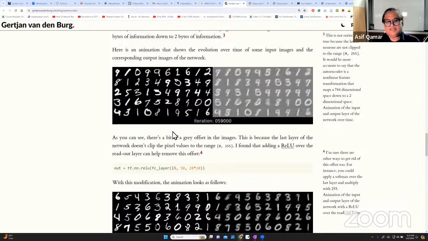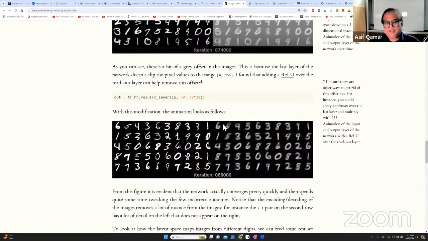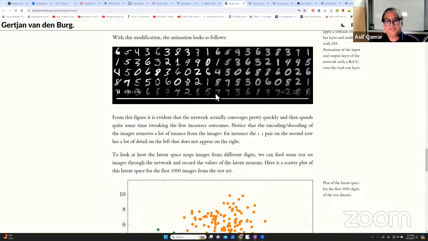It gets that. And it is getting there, I'll just go to the end. It has picked up a gray here. He mentions that to fix that gray problem, you can do this, and by the time you run the final iteration, it gets cleaned out very well.